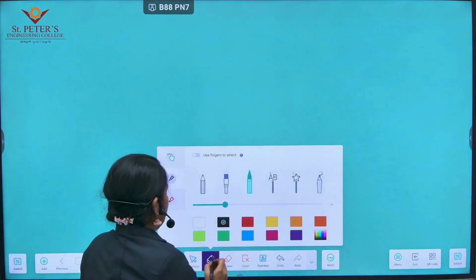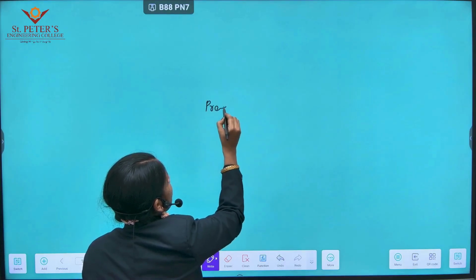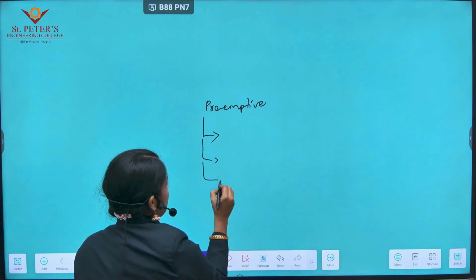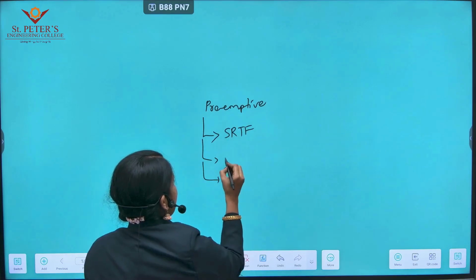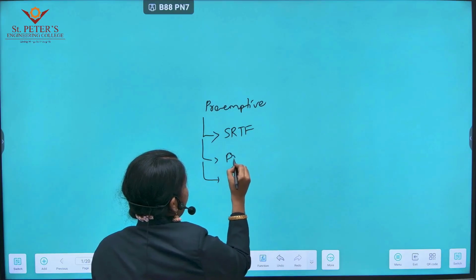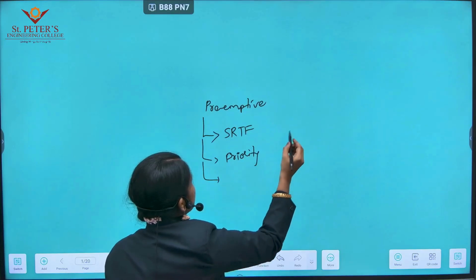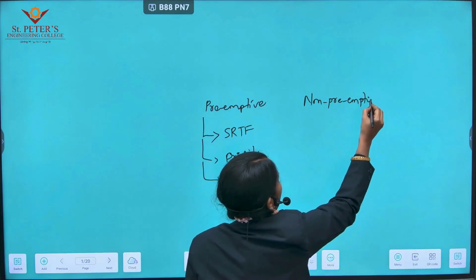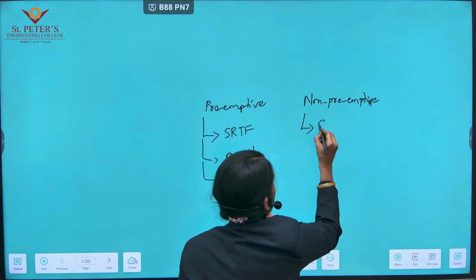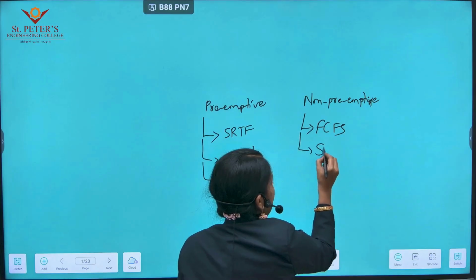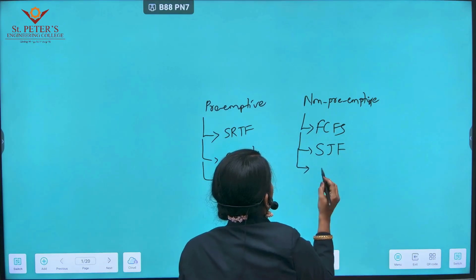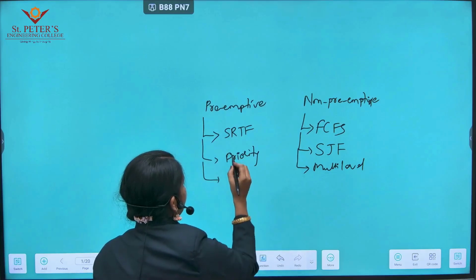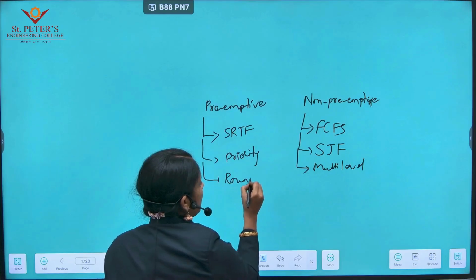Coming to preemptive scheduling, we have some types: first SRTF, second priority, and one more is round robin. Next, non-preemptive scheduling: first one is FCFS, second one is SJF, and multi-level scheduling.